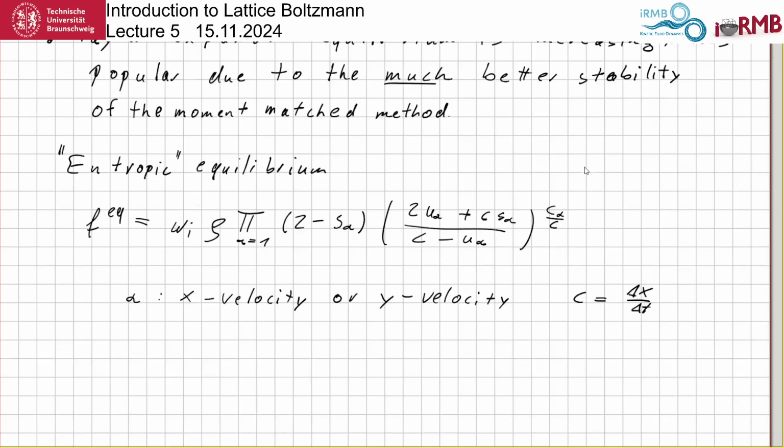And this s alpha is equal to the square root of 1 plus (u over cs) squared, where cs is the usual speed of sound.